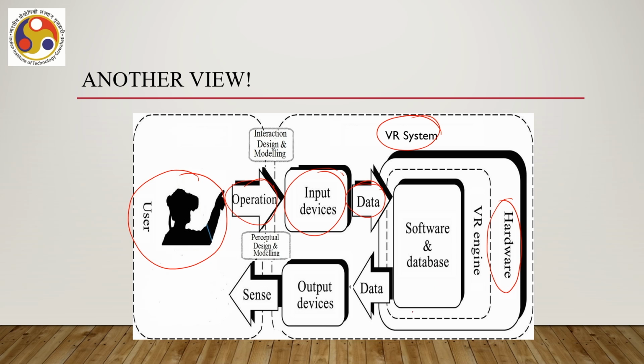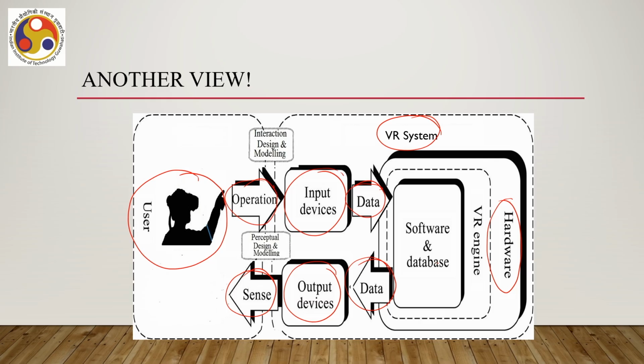This data gets processed in the VR system and then the processed data is sent back to the output devices, which are there to generate suitable stimuli that are supposed to affect our sense organs suitably, as we have discussed before.